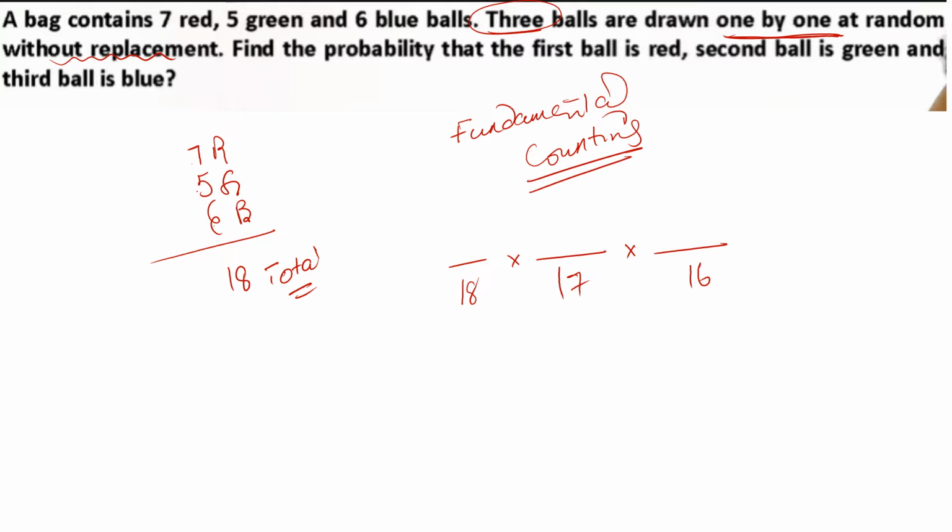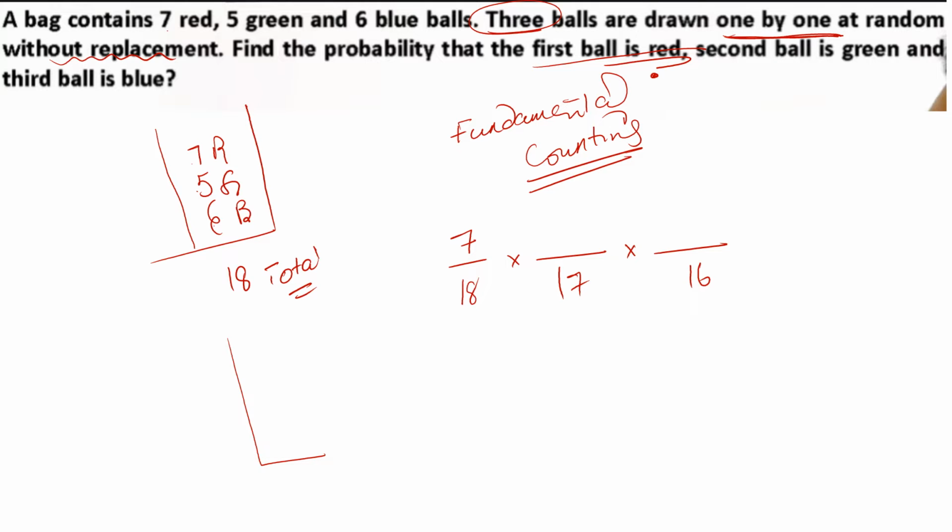Now see, the first ball is red. When you are drawing the red ball, the number of red balls is 7, so you already write the 7. Let me write here, this is the box.